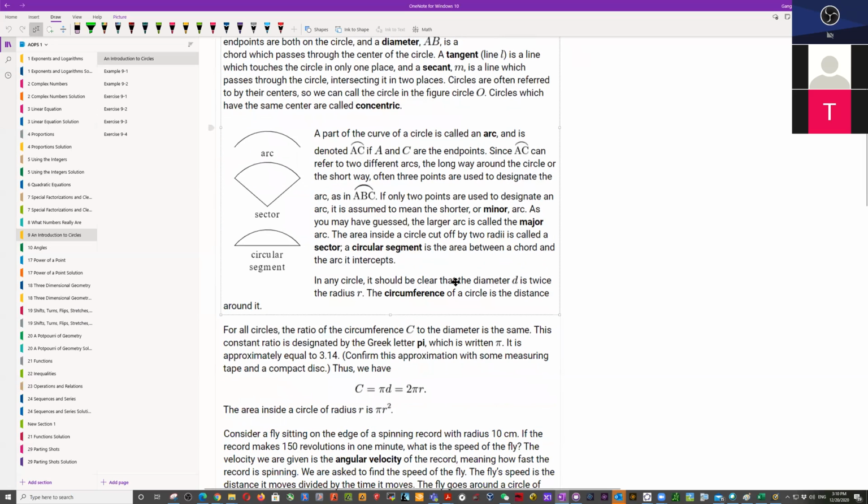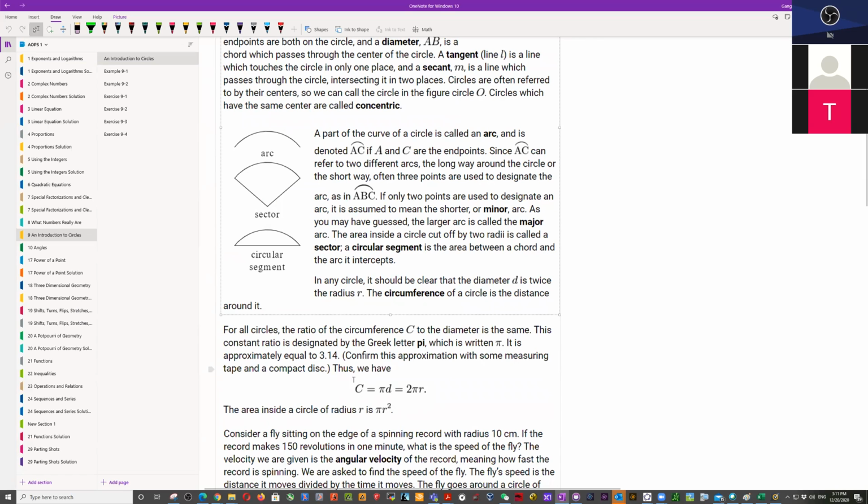So the circumference of the circle is actually pi d. Actually, pi is defined as the ratio between circumference and diameter.